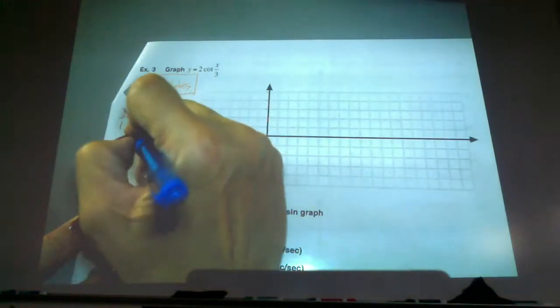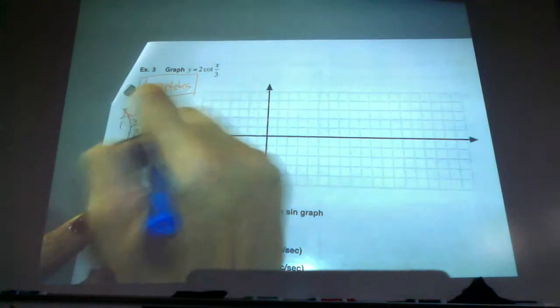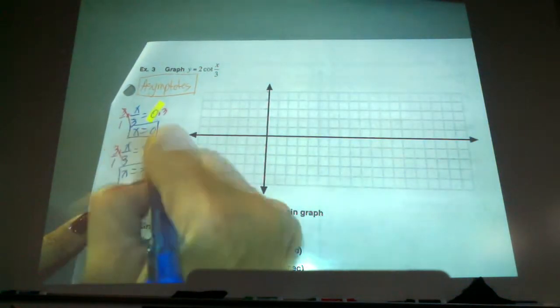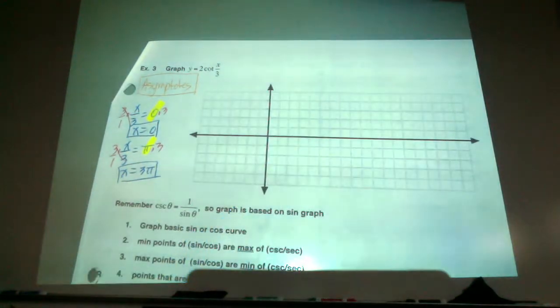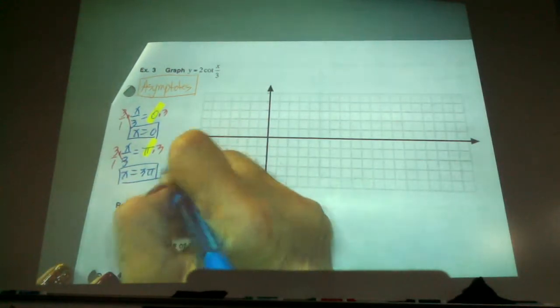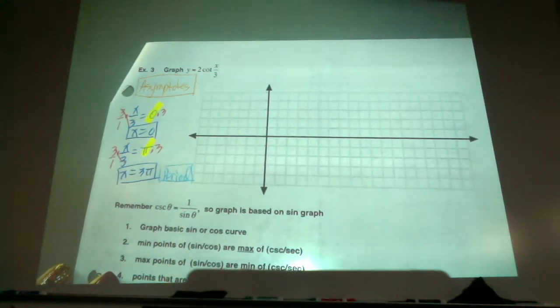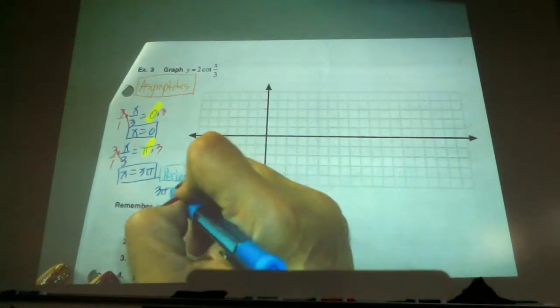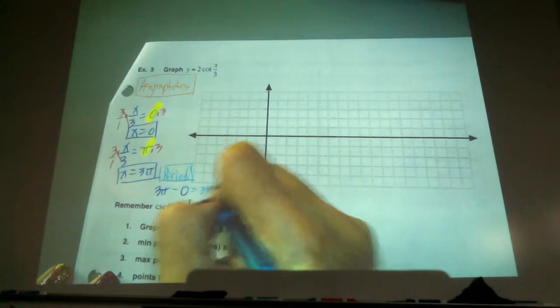And I get x is equal to 0 and x is equal to 3 pi. So as you can see, dividing has stretched out that horizontal stretch to that period, and my period has a distance of 3 pi minus 0, which is 3 pi.